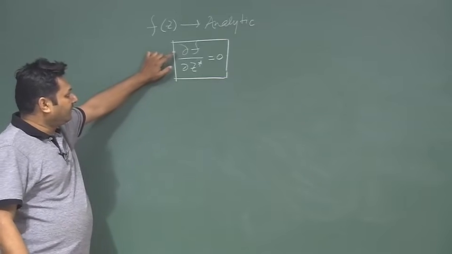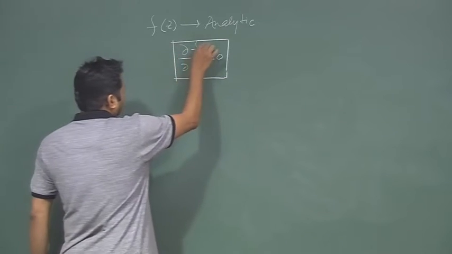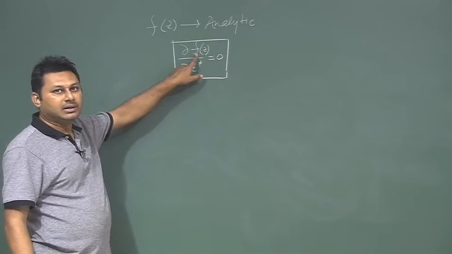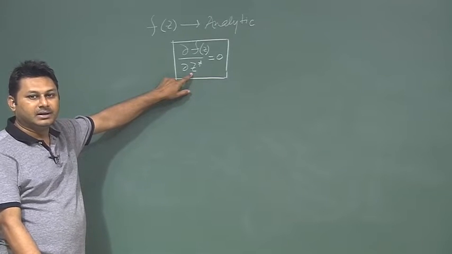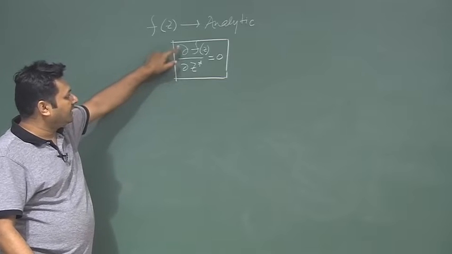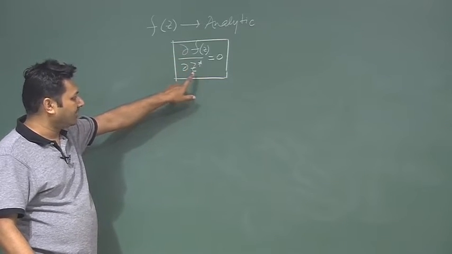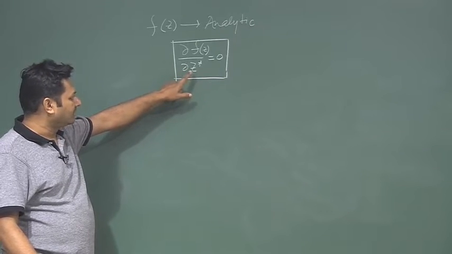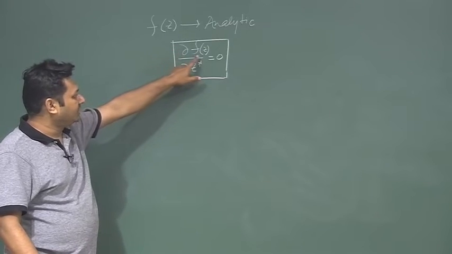That means if a function f(z) is not an explicit function of z star, here z star means the complex conjugate, then if I take the partial derivative with respect to z star, it has to be 0.